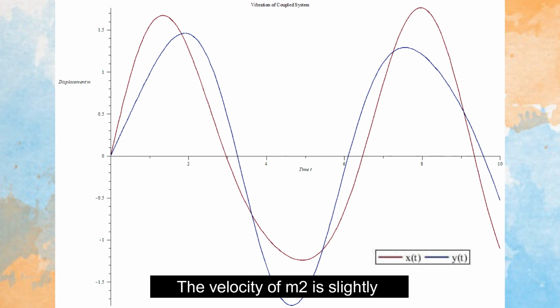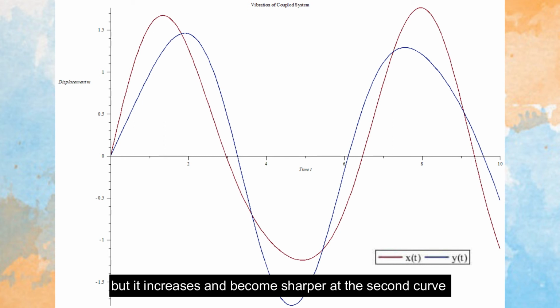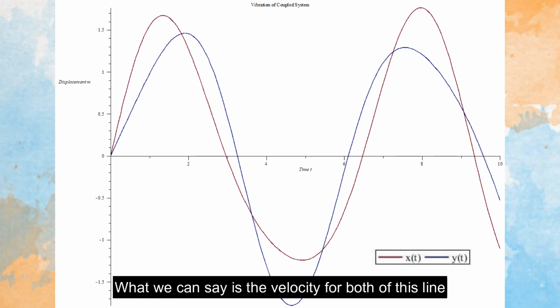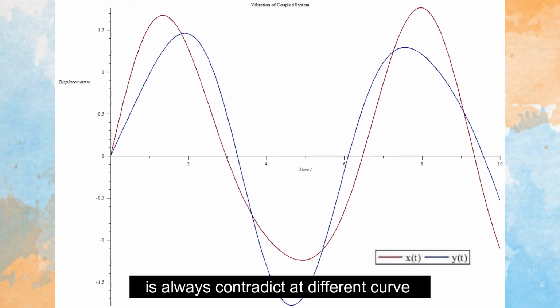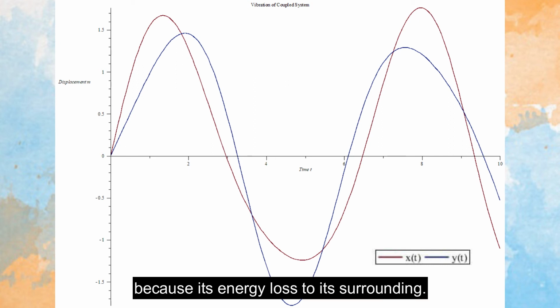The velocity of mass 2 is slightly less than mass 1 during the first curve, but it increases and becomes sharper at the second curve, and then it slows down again at the third curve. What we can say is the velocities of both of these lines are always contradictory at different curves, and eventually they will become 0 because the energy is lost to the surroundings.